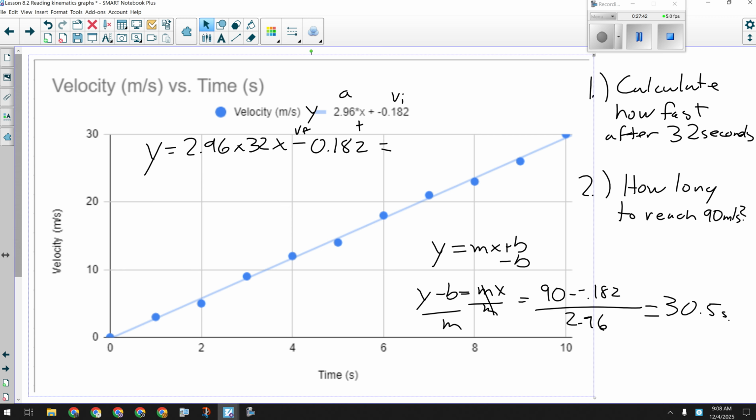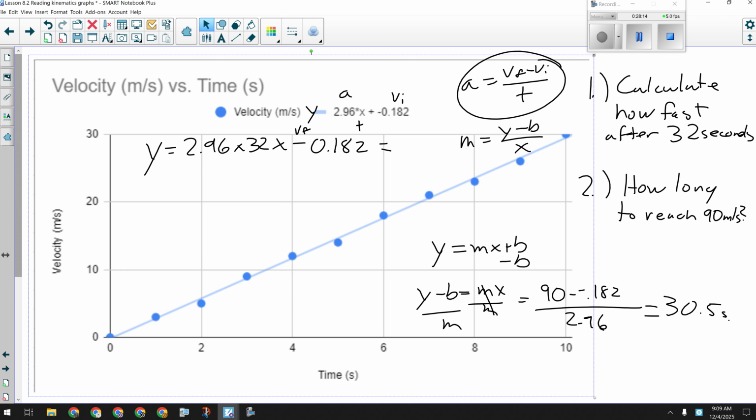Are all of those things in this formula? Okay. Is this formula the same as this? It absolutely is.